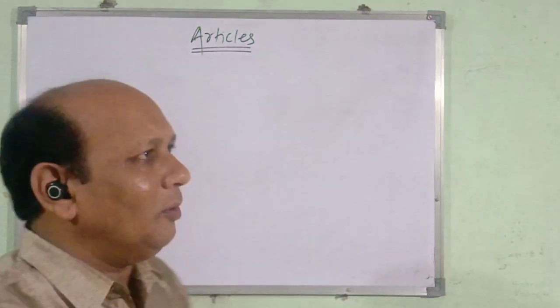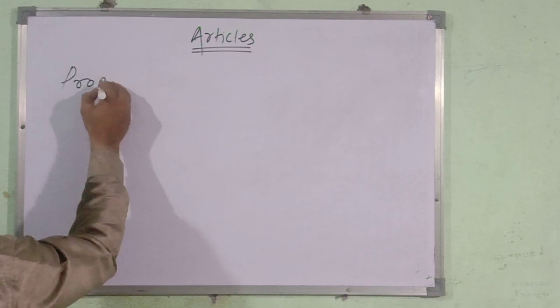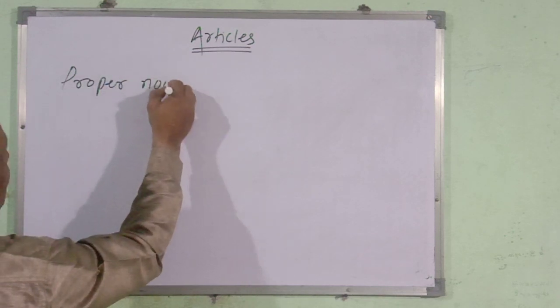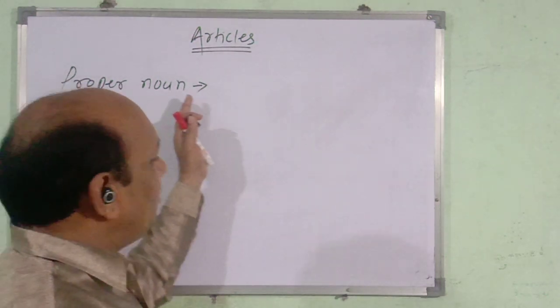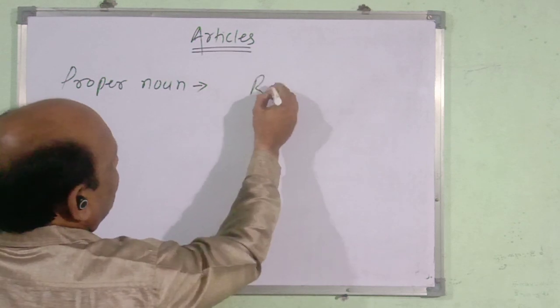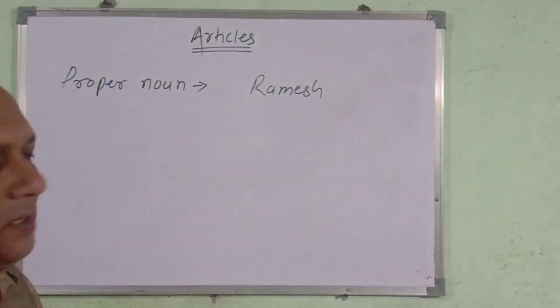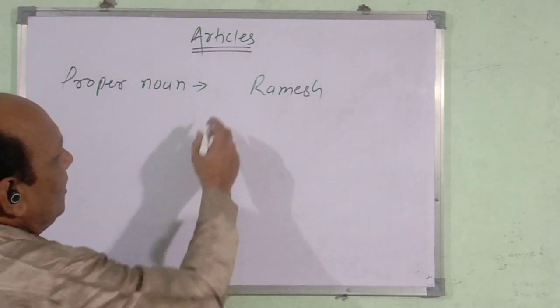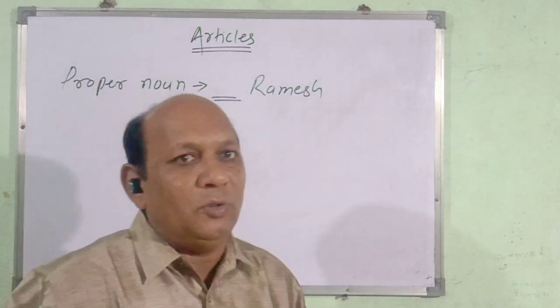When we are talking about the proper noun, for example Ramesh, this is a proper noun. So before the proper noun there is no need to use an article.